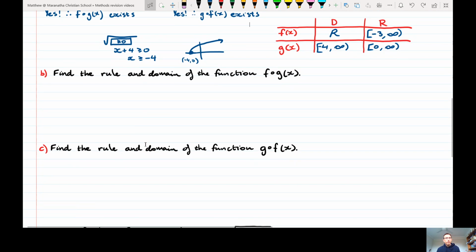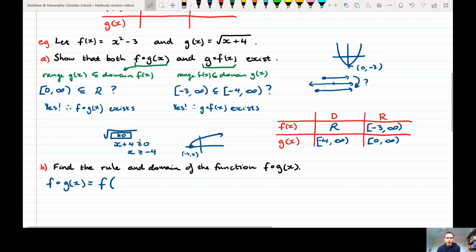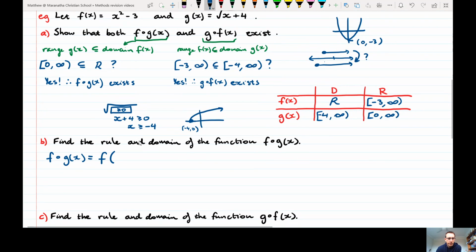Now we've proven it, let's find the rule and domain of the function. So the rule of f of g means I'm substituting g into f. So instead of f of x, I'm now going to have f of whatever g was. And g we can see was square root x plus 4.